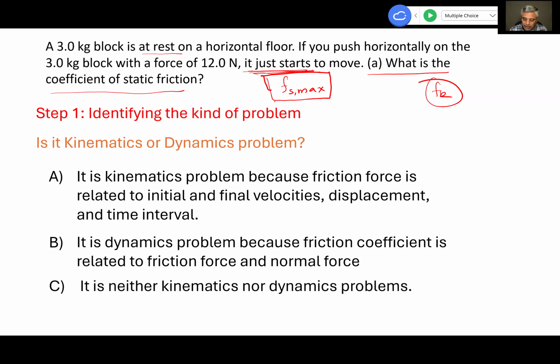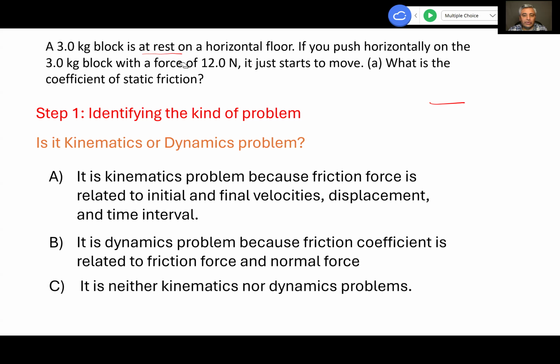But this is the maximum value of the static friction situation. If you were to apply a little bit more than that, it's going to accelerate and become a kinetic situation.